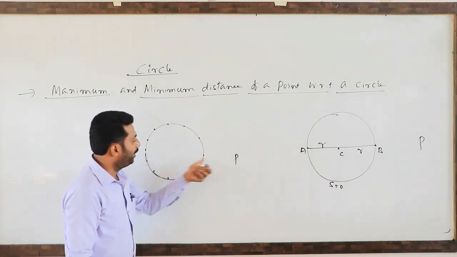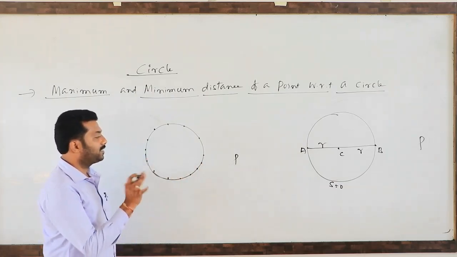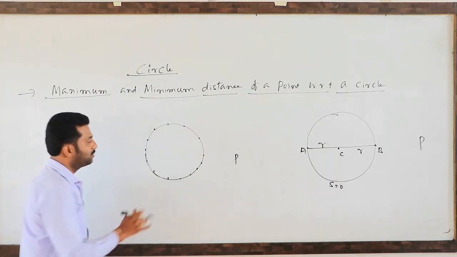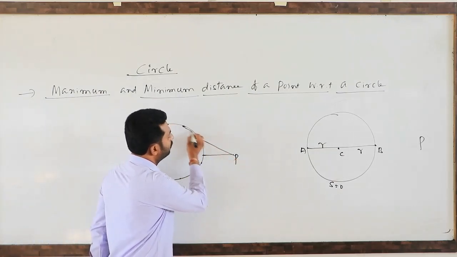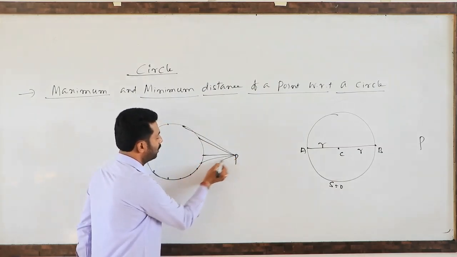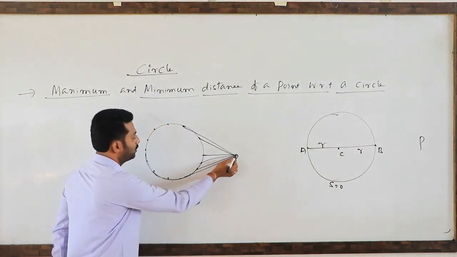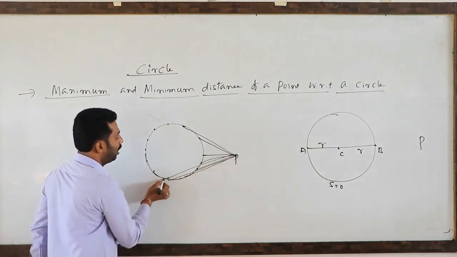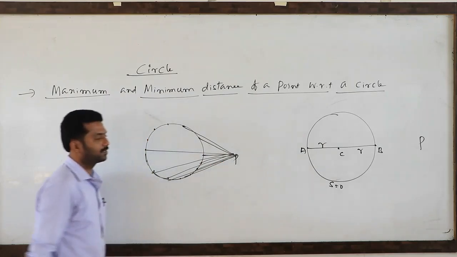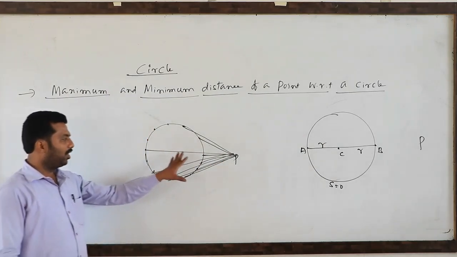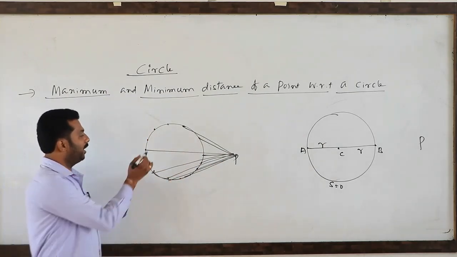So in these infinite points, what is the greatest distance? See this distance or this distance or this distance. So among all these distances, what is the greatest distance?